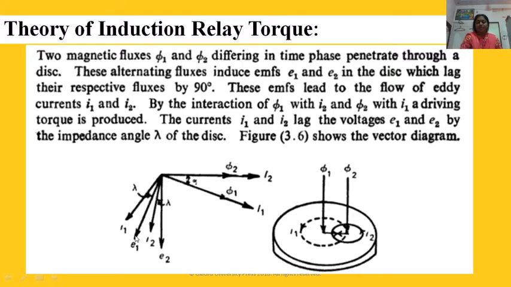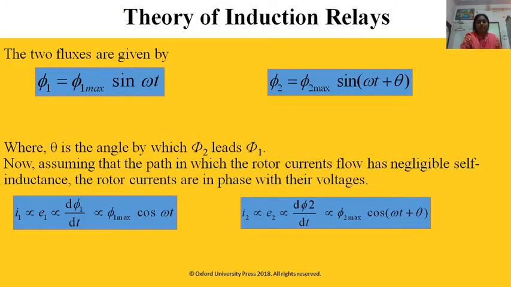Now we can represent this mathematically as phi1 equals phi m sin omega t, while phi2 is leading, so phi2 is phi2 maximum sine of omega t. Now due to this flux phi1 there is EMF, and that EMF causes the eddy current. So this current I1 is proportional to E1. What is E1?